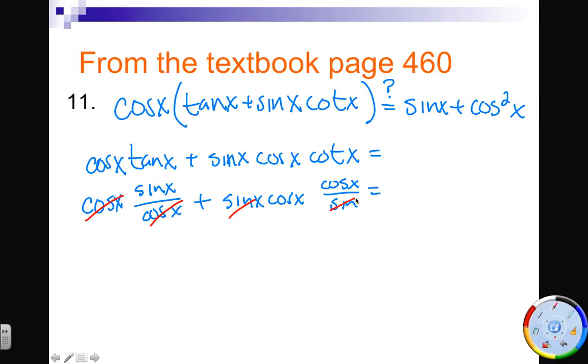Sine on the top, sine on the bottom. And that means I'm left here with a sine x, and here I'm left with cosine times cosine. Well, that's cosine squared. Oh, look, I'm done. That means I have sine x plus cosine squared x. All right, so using my identities there, actually all I've used is the quotient identity, really.